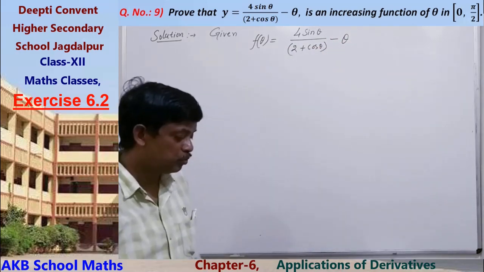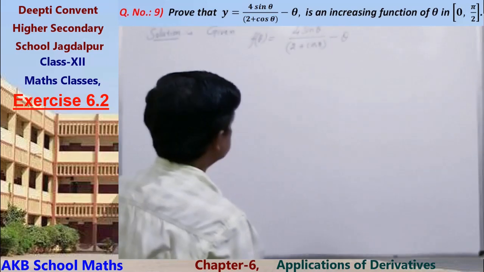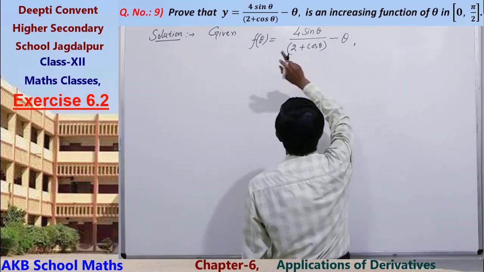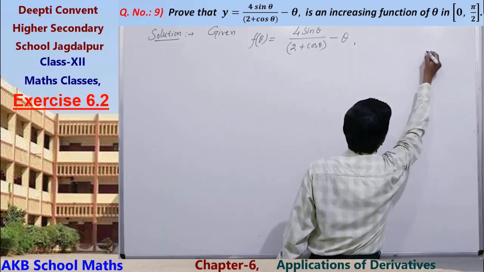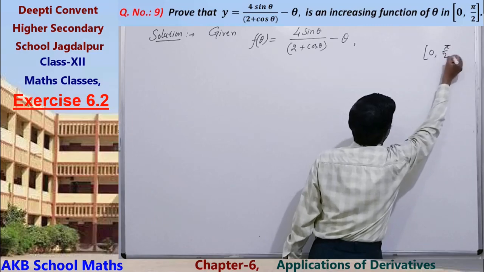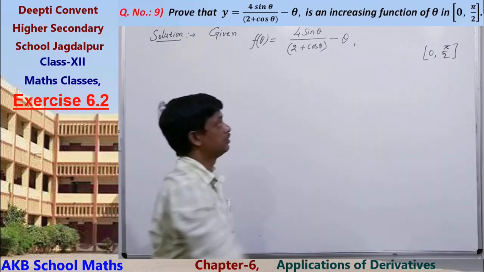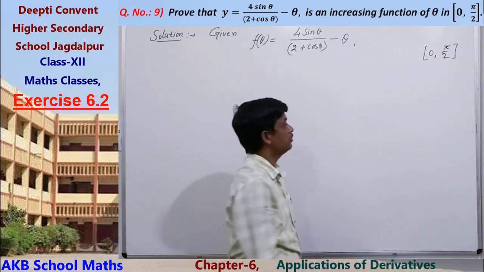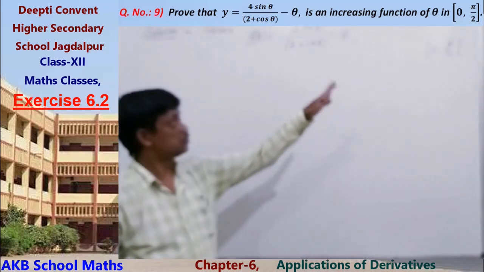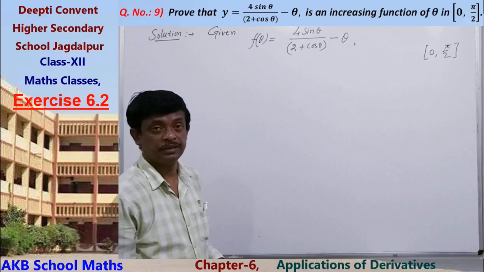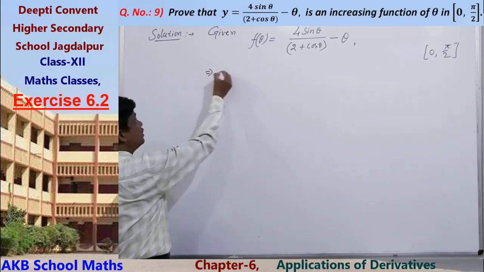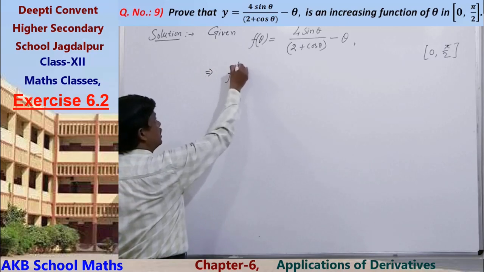This is the given function, and we have to prove that this is an increasing function of theta in the interval 0 to pi by 2, in this closed interval. Clear? Now for that we have to find the first derivative of this function, f dash theta.